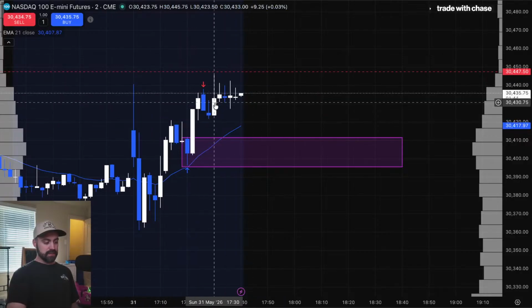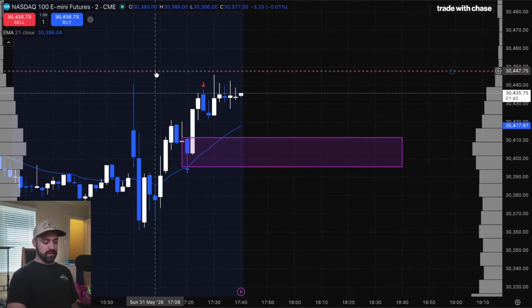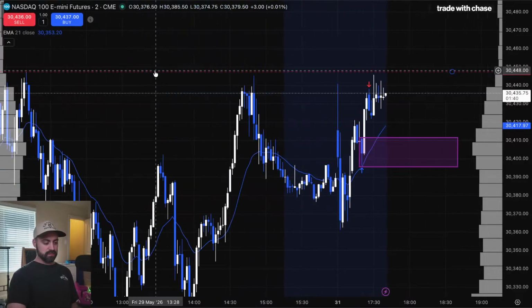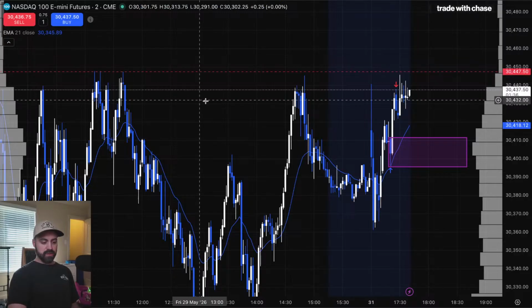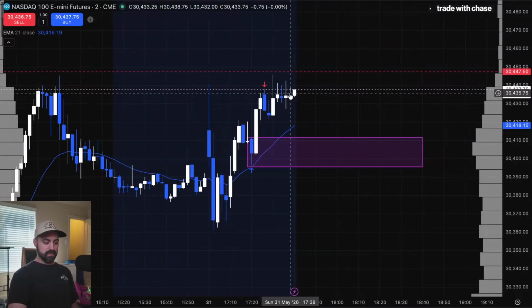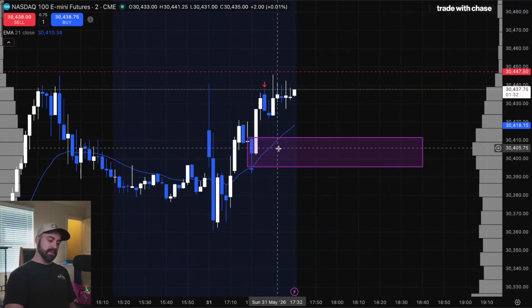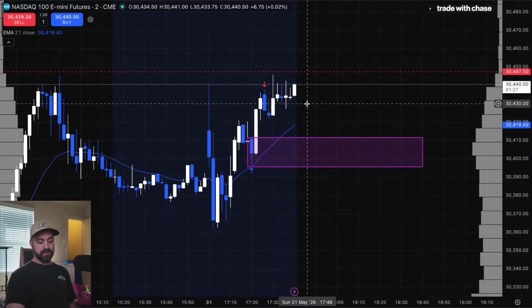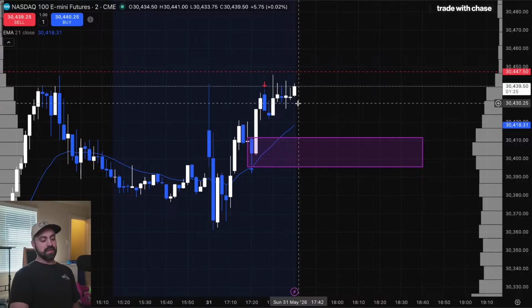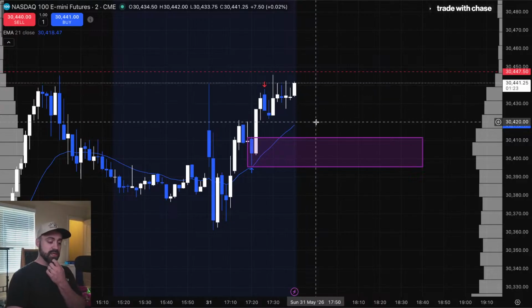Another thing that I see a lot happen when it does this, now granted it's a little bit different with this kind of resistance that we've got going on up here, but a lot of times when we get this sideways, it's almost waiting for the 21 EMA to catch up to it. And then it'll come down and touch it, and that's a great entry as well.